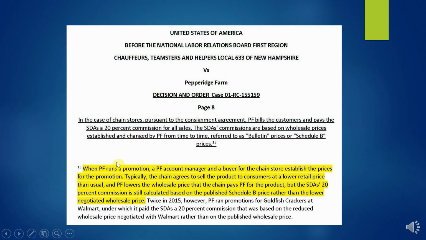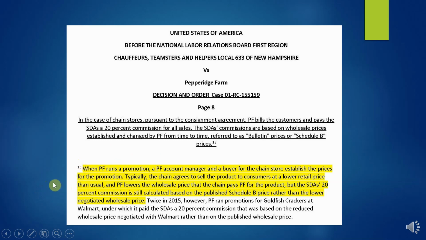So let's take a look back in 2015 when Pepperidge Farm spent time in front of the National Labor Relations Board. This is actually covered in another presentation which should be available. But this was submitted to the National Labor Relations Board, and it says, when Pepperidge Farm runs a promotion, a Pepperidge Farm account manager and a buyer for the chain store establishes the prices for the promotion.